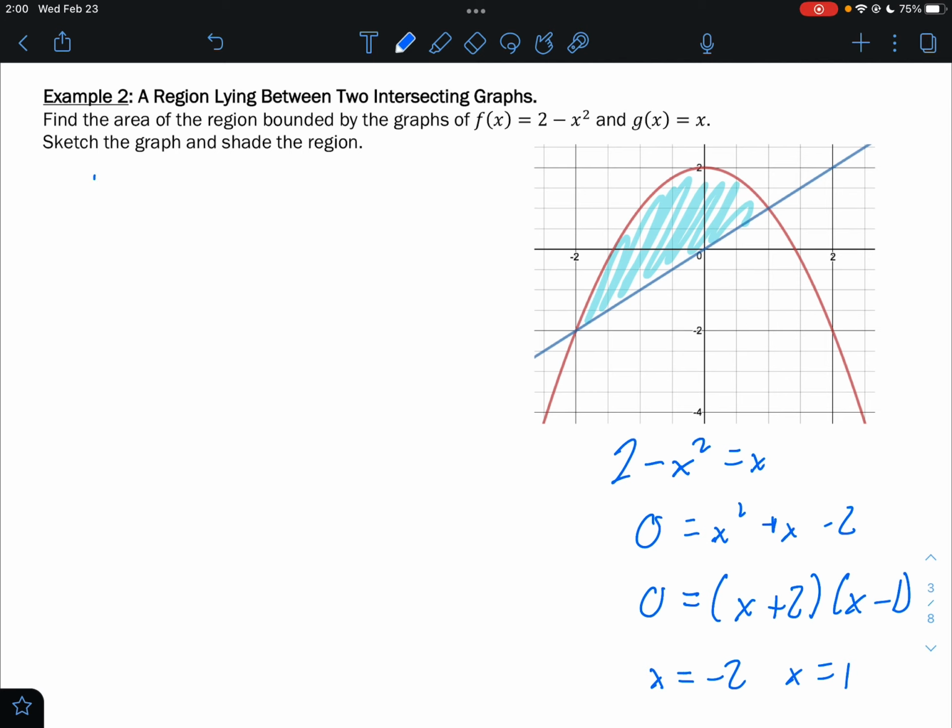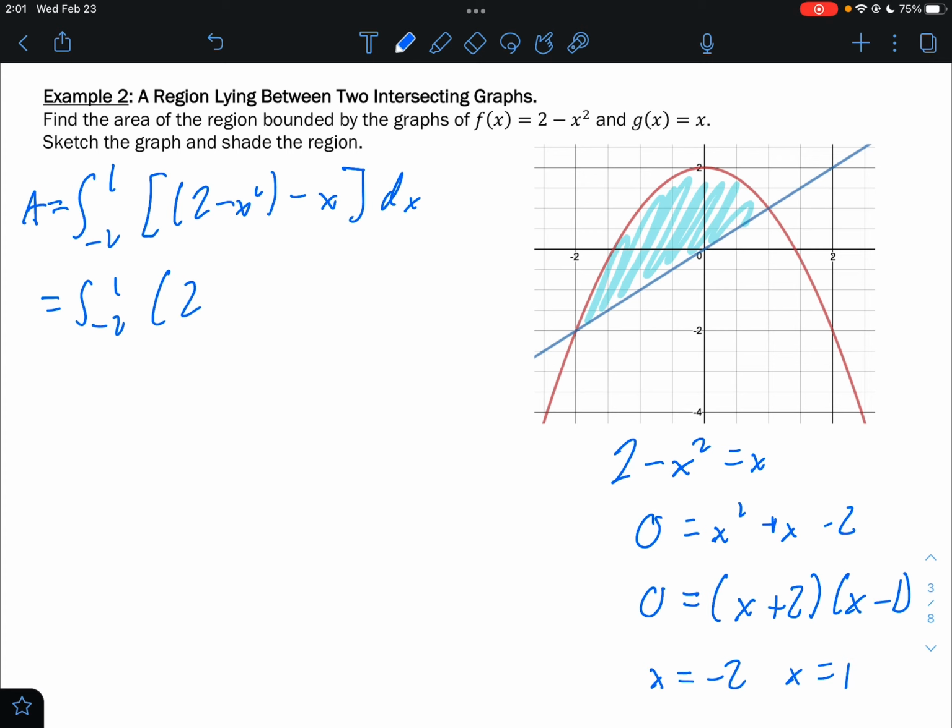So our bounds are going to be area equals the integral from negative 2 to 1 of top function minus bottom function. The top function is our parabola, so 2 minus x squared. The bottom function is our line, so x, dx. So our area then is the integral from negative 2 to 1 of 2 minus x squared minus x dx.